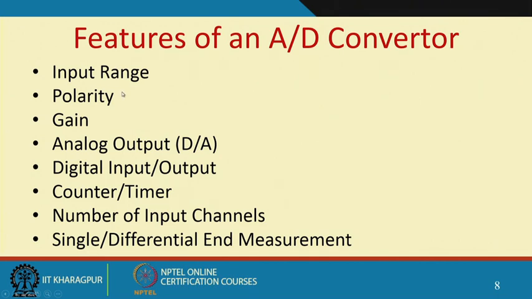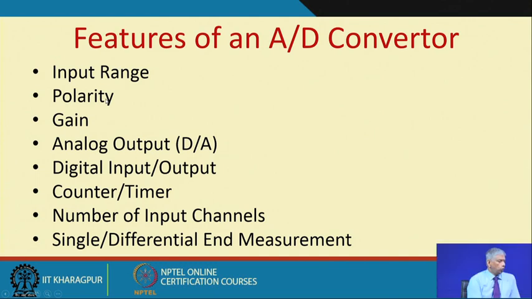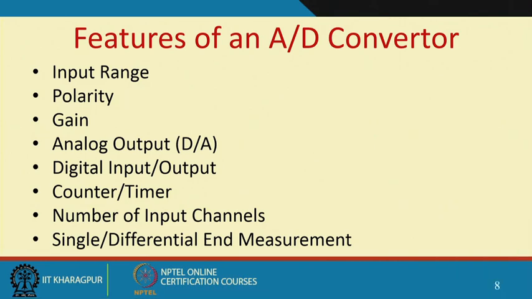One is the maximum input range. It's usually 0 to 10 volts. Then polarity, whether they will be bipolar or unipolar. Then gain. In some of these data acquisition units, the least sensitivity or amplitude resolution is so low that even a thermocouple signal giving a few millivolts cannot be sensed.